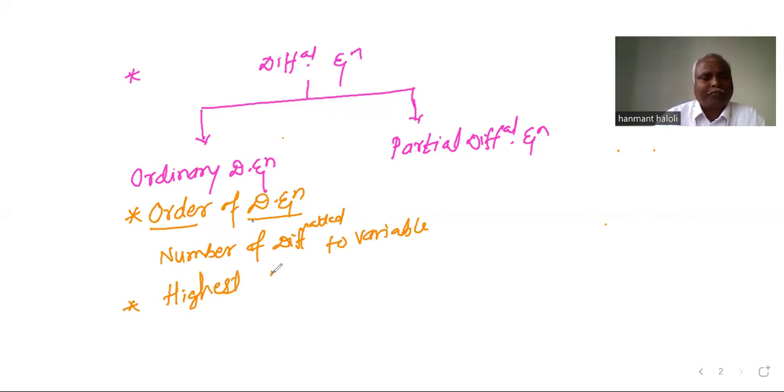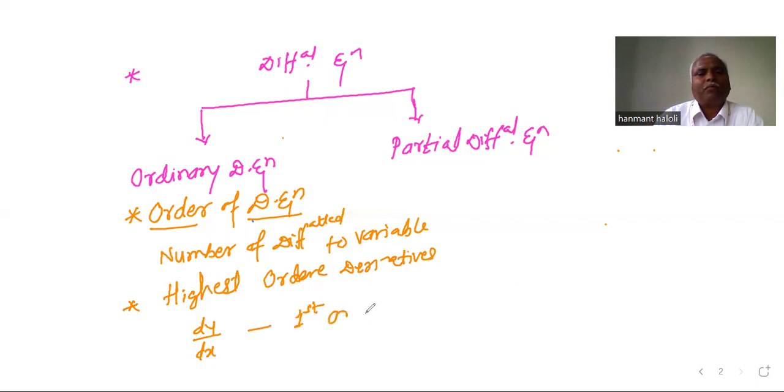Here dy by dx is called first order. d2y upon dx square is called second order.